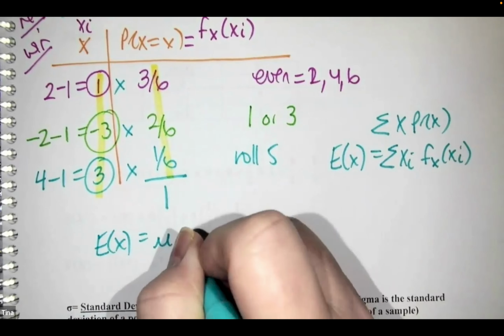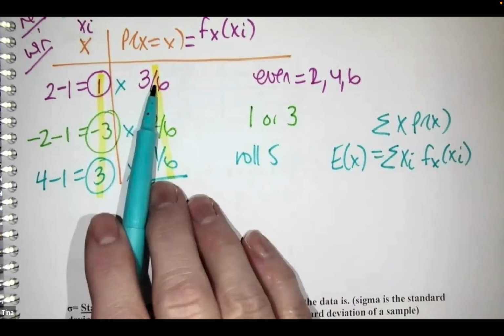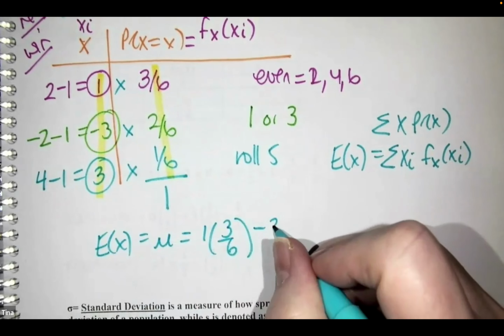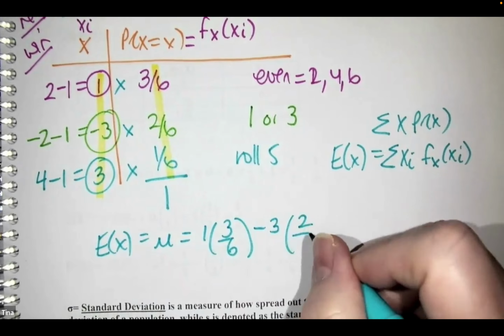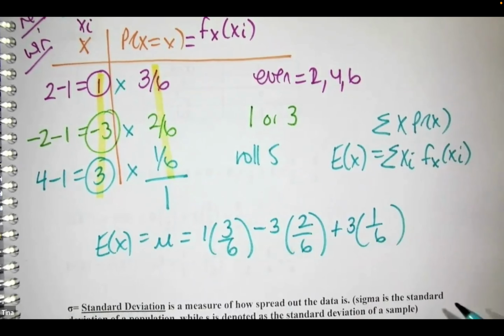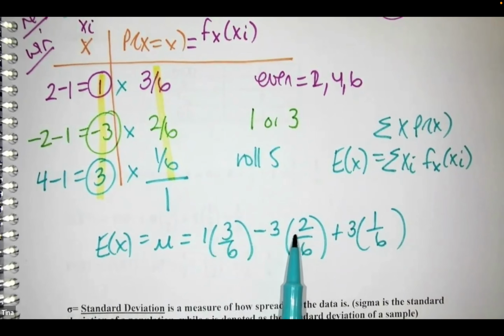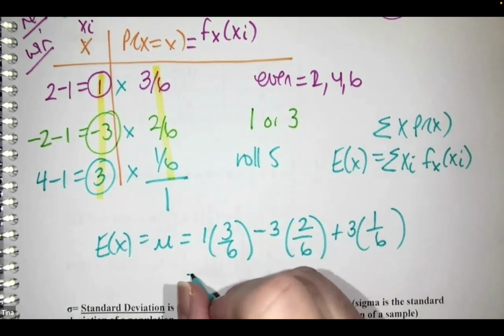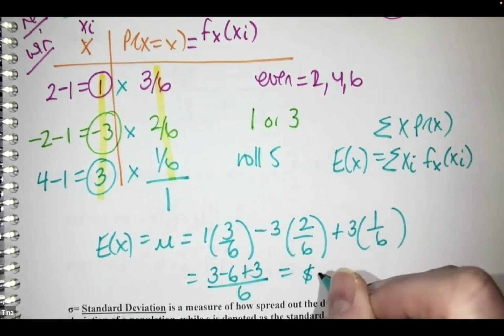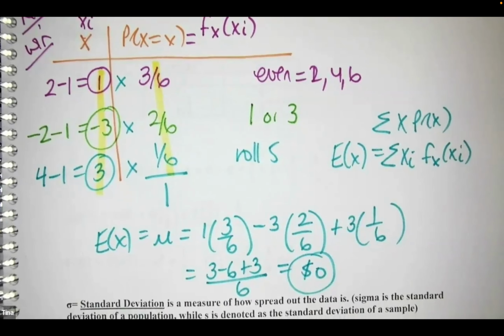So your E of x, or your mu, is 1 times 3 out of 6, plus, or we can just say minus 3, plus negative 3, same thing, times 2 over 6, plus 3 times 1 over 6. So that's 3 minus 6 plus 3, all over 6, which is nothing. If you expect to win nothing, you expect to lose nothing, it's considered what we call a fair game. Okay, a fair game.